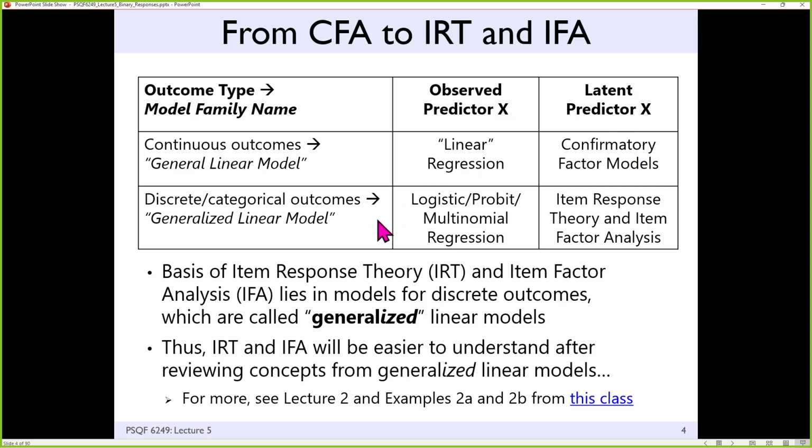So the same exact tie between observed and latent holds in what we're about to do. If you understand how these generalized regression models work, a logistic regression for binary outcomes, or a probit regression for binary outcomes, what's known as multinomial, which often goes with nominal but not always, those models are directly equivalent to what we are going to talk about as item response theory and item factor analysis.